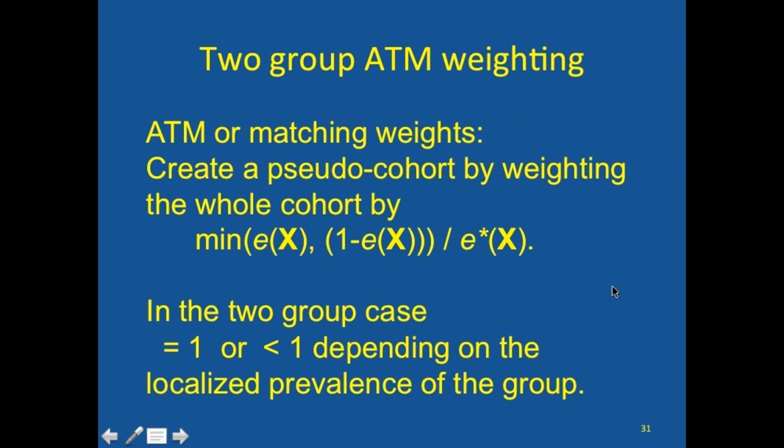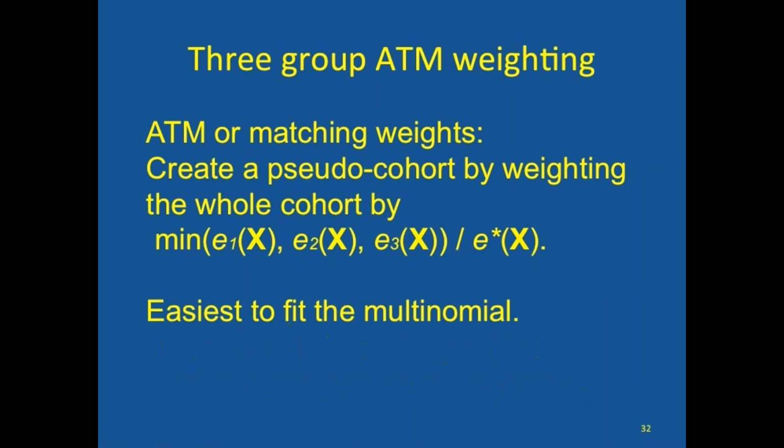Now, how do we extend that to 3 groups? We extend that by looking at the minimum of all 3 probabilities divided by the probability of getting what they actually got, and this is our pseudo cohort weighting. I don't have any tricks for this, at least I haven't come up with any yet, and to my knowledge this hasn't been written about.